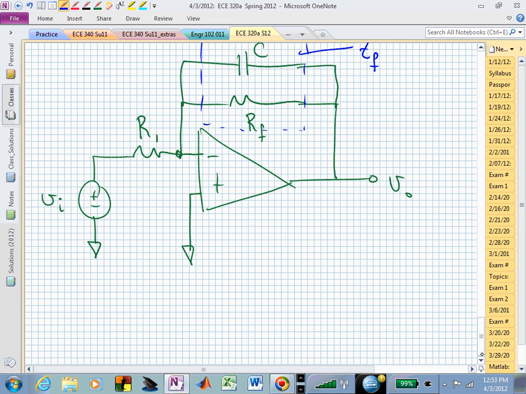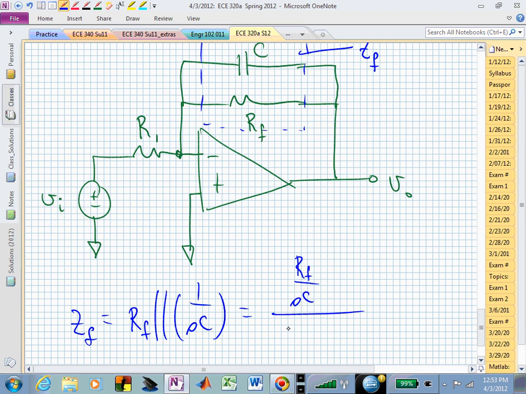Meaning if we look at this Z sub F, which is just R sub F in parallel with 1 over SC, then we have this product of those two impedances divided by their sum.